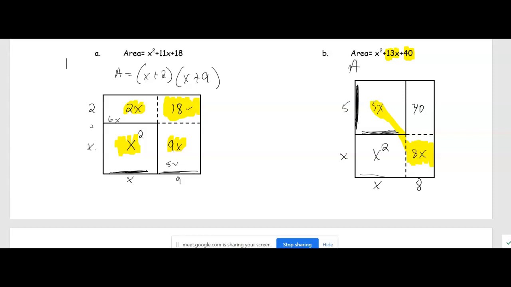The same thing with this one. If we were to work this one backwards, didn't we have an x, and then we added an additional 5 units on top of that. And then we would have an x on the bottom, and that increased by 8 on the bottom.